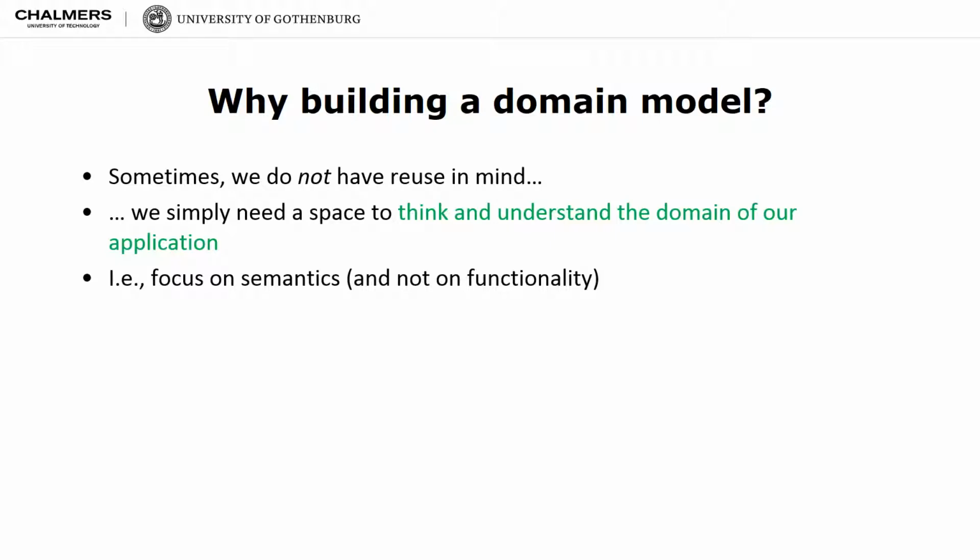Nevertheless, we might be interested in having a place where we can think about a new domain that we are working with, because we need to understand it better in order to get the requirements in a more precise way, and therefore build a better application at the end of the line. In this sense, when we build a domain model in this context, the most important value of it is the focus on the semantics and the understanding of the domain itself.